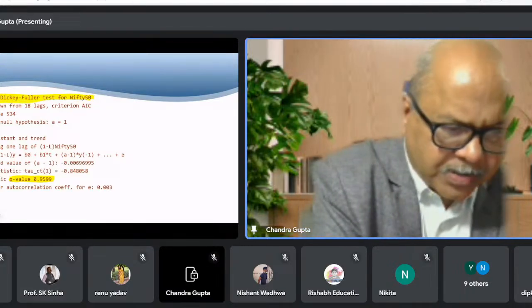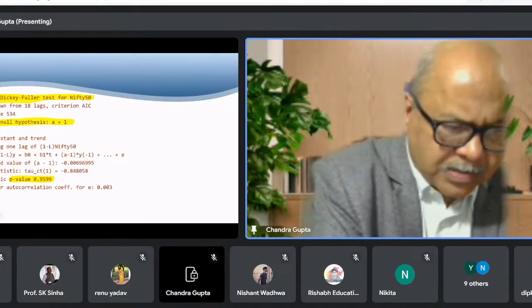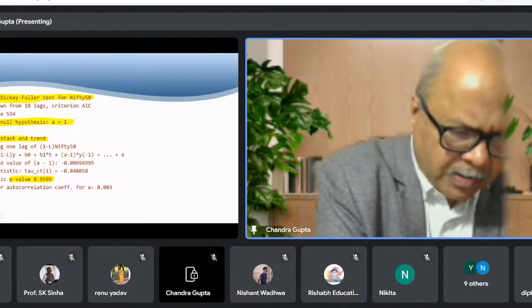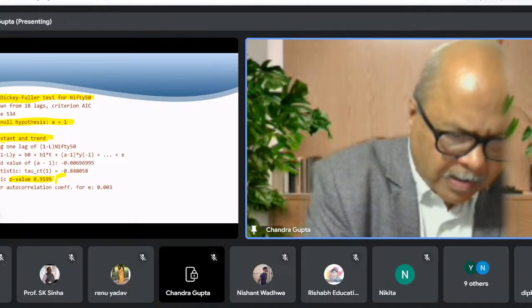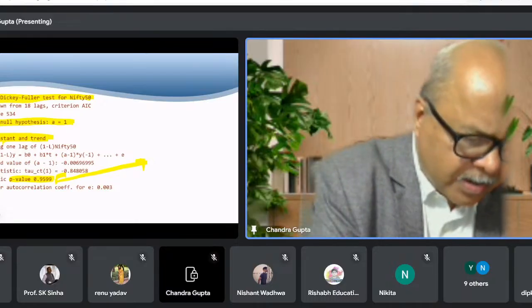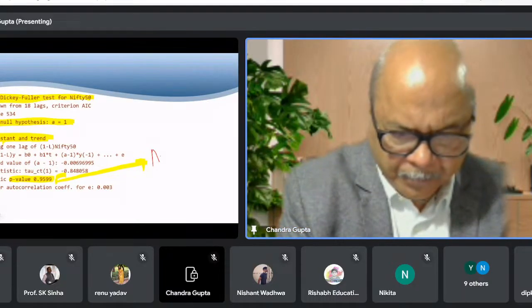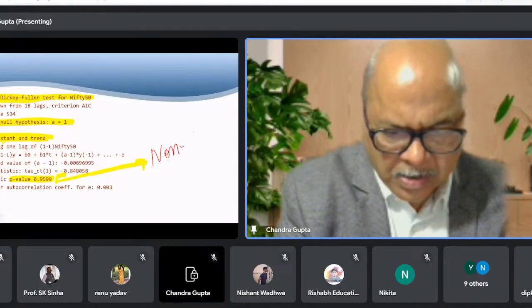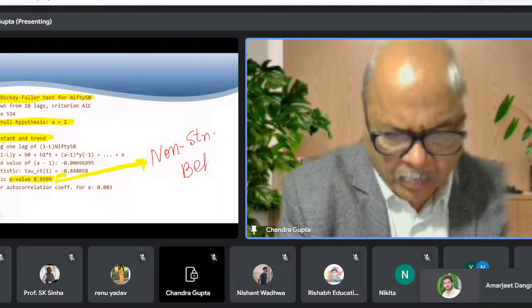Null hypothesis, the series has a unit root. Series having constant and a trend. The p-value is this much. On the basis of that, we conclude that the series has non-stationary behavior.